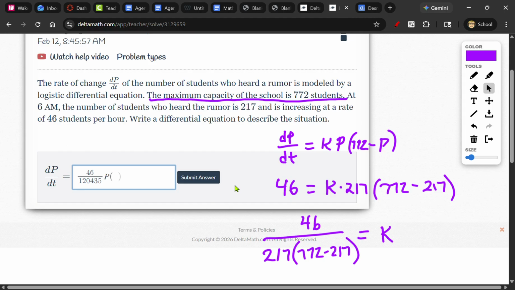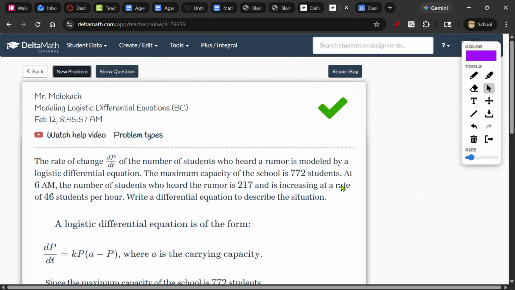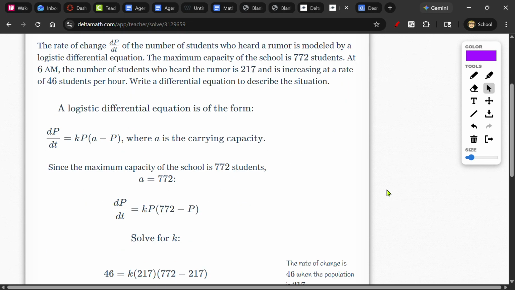And then we're going to have P times our carrying capacity minus P. So that's the differential equation that should be used to model this situation. And it's really important to know that you don't have to solve this for P. Thank God. It's kind of a mess, but this is the differential equation.